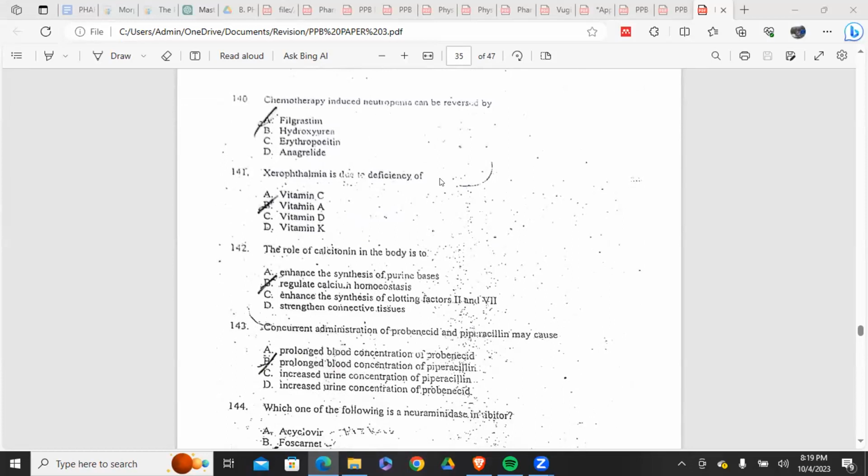Xerophthalmia is due to deficiency of... this one is about the eyes. Right.